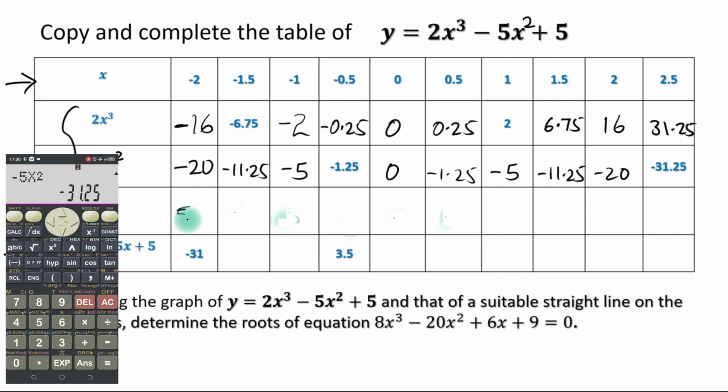Then the last step: I start the process again from the beginning and enter the whole equation so that now I get the value of y.